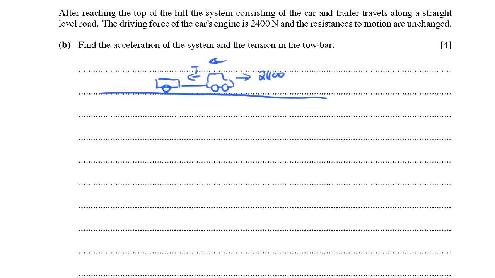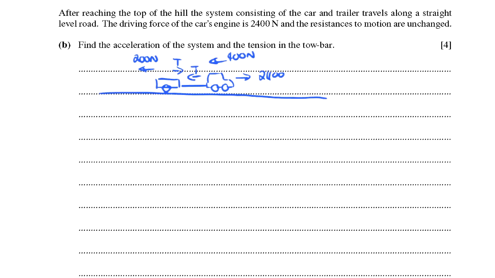There's a resistance which is unchanged, and that was 400 newtons. And what else is there? That's it. The resistance, the tension, and the driving force. For the trailer, there is, of course, the tension pulling the trailer in the other direction, and there is a resistance of 200 newtons.